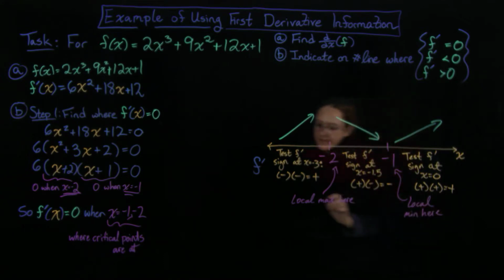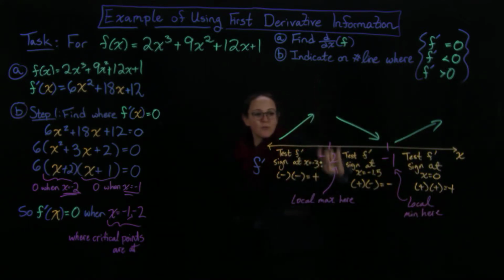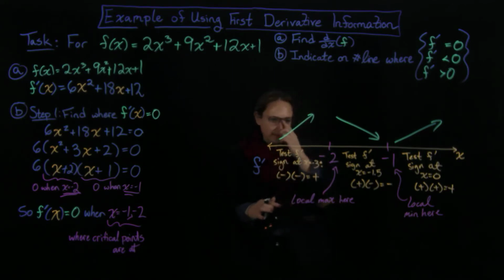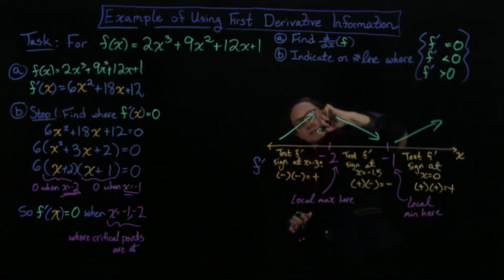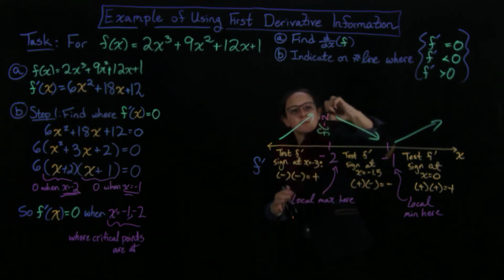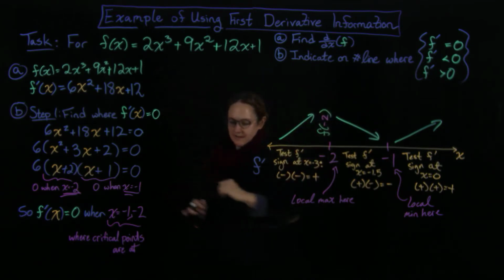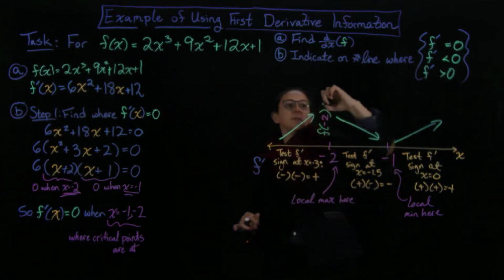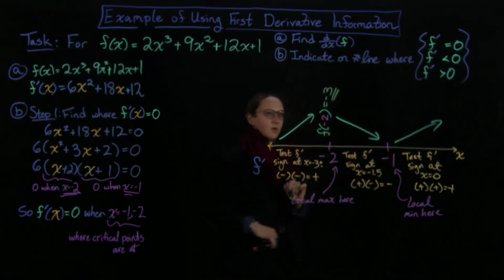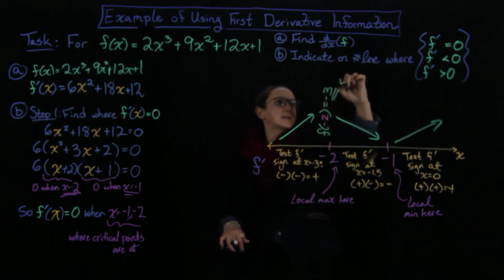If I wanted to figure out what the local max value is, I can just put that in. So I can take f of -2, which I get by plugging it into my original function, and I would get out -3. So this would equal -3. So that gives me a local max.